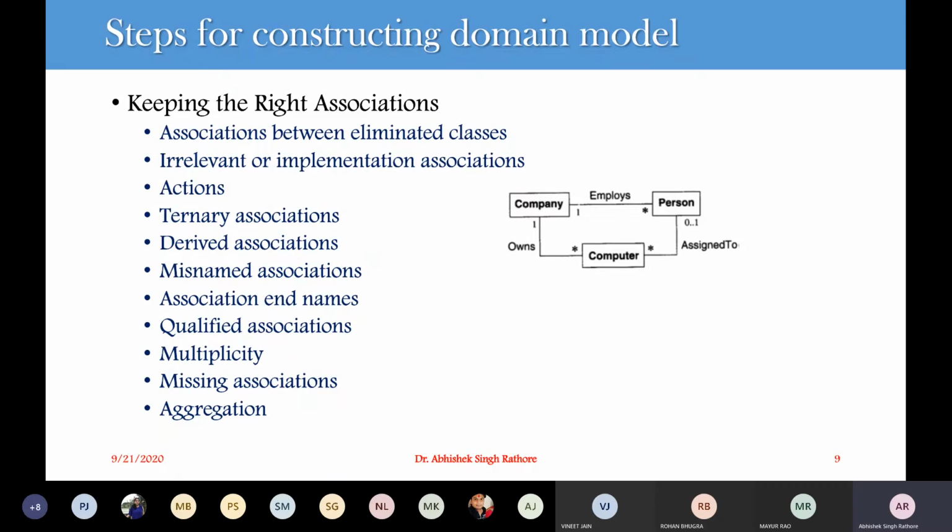And when we are going from person to company, again we are having an association. Let's say the company is the employer of the person, and the person is the employee of the company. So this is how we can have association names.